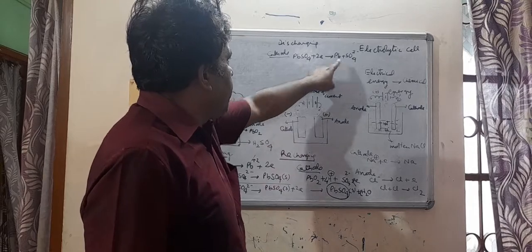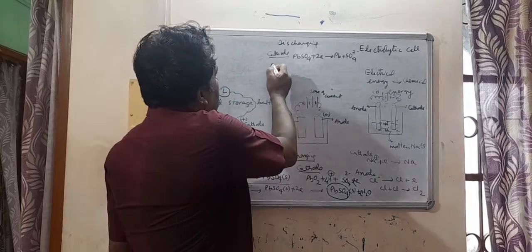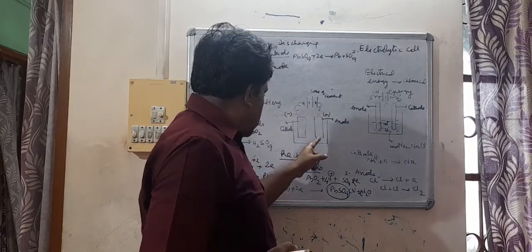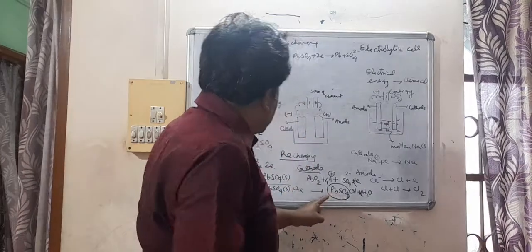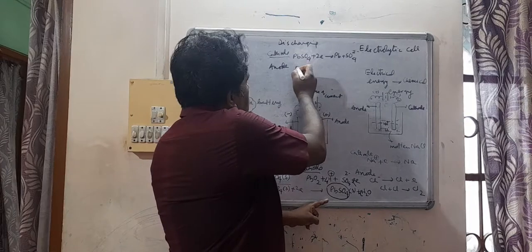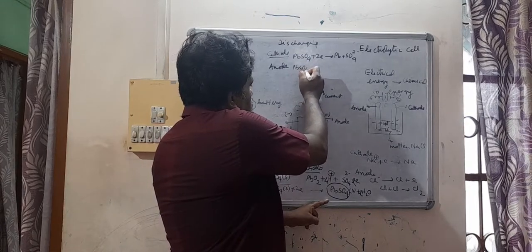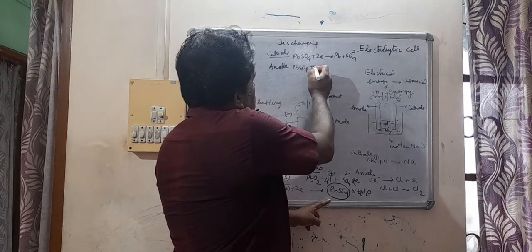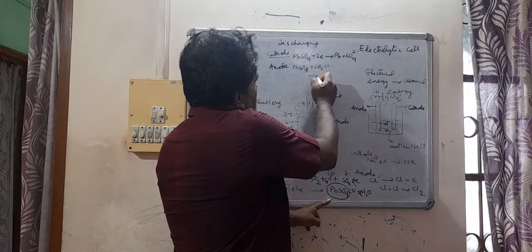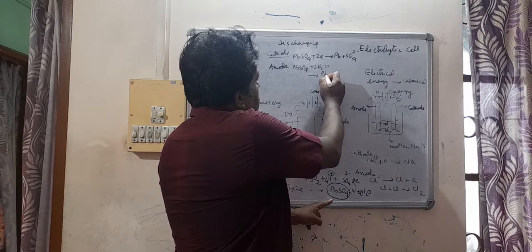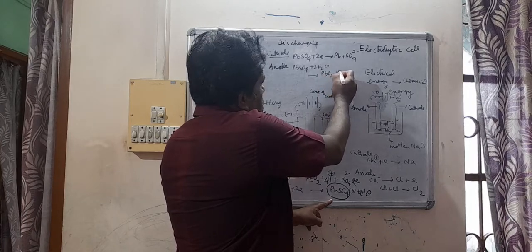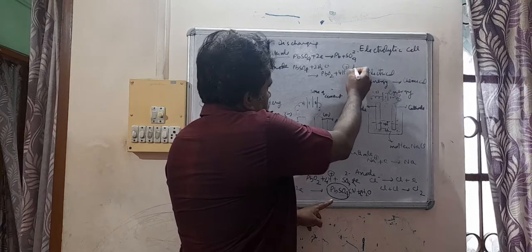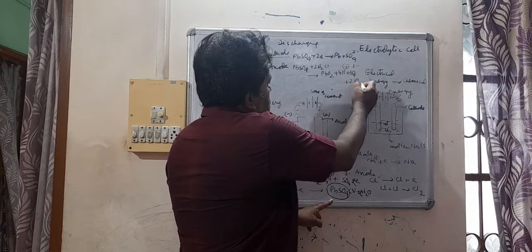You see Pb, and at the anode, what will be the reaction taking place? Just the opposite of this one. So PbSO4 plus 2H2O arrow PbO2 plus 4H plus SO4 2 minus plus 2 electrons.